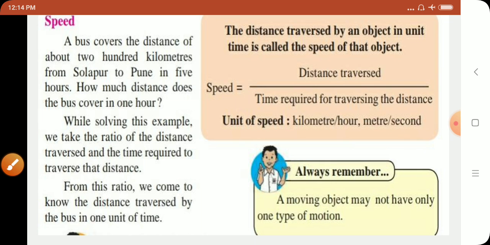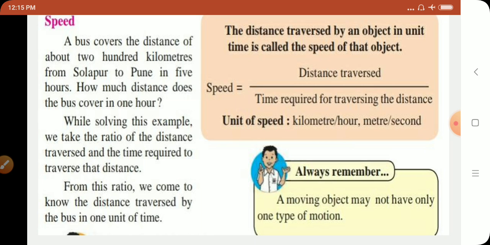Distance traversed 200 kilometers in 5 hours. In 1 hour, how much distance does the bus cover? That is 200 divided by 5 is equal to 40 kilometers. Unit of speed: we will mention the unit as kilometers in 1 hour.